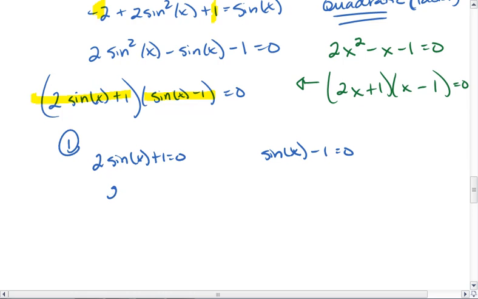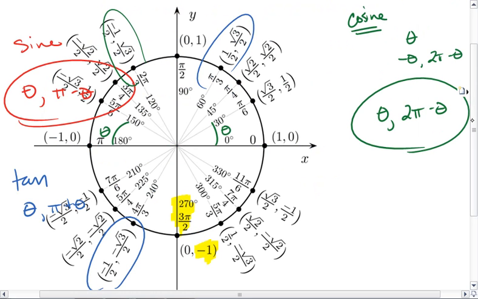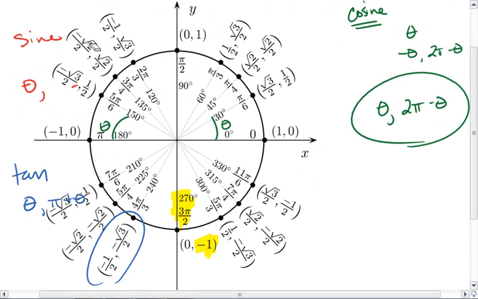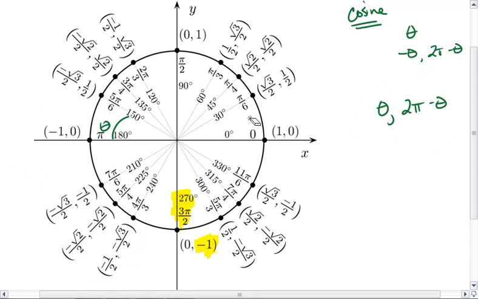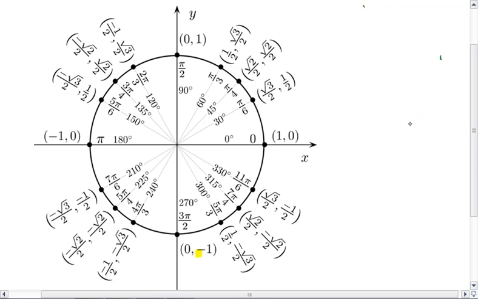We get 2 sine of x equals -1. That means sine of x equals -1/2. Over here we get sine of x equals 1. Going to our unit circle, for sine of x equals -1/2, that occurs at, let's see, here and here.